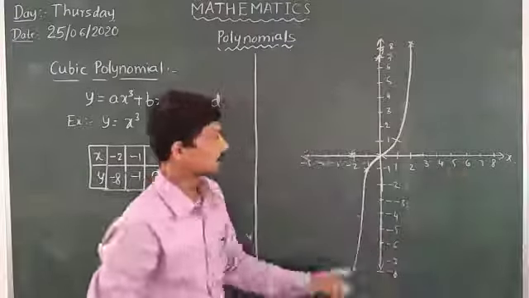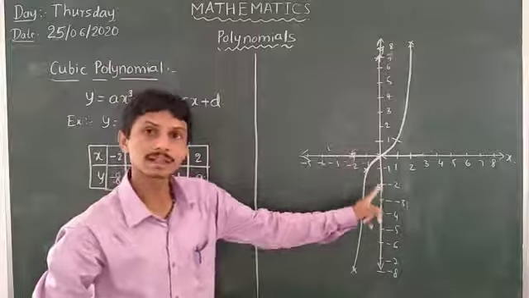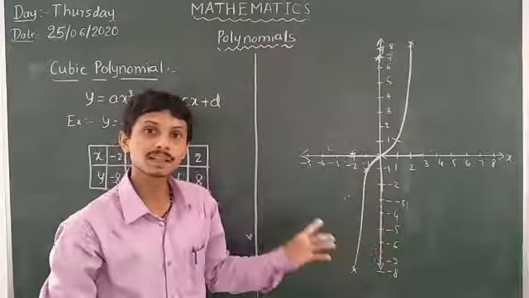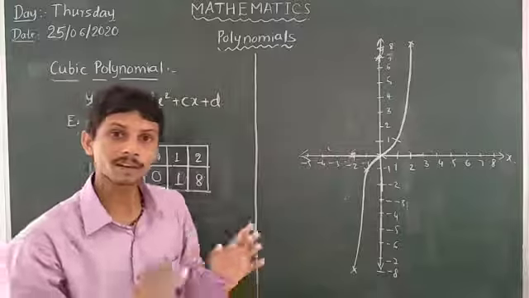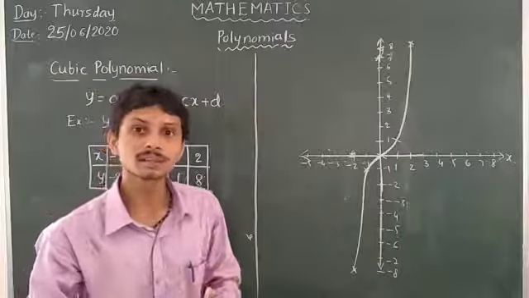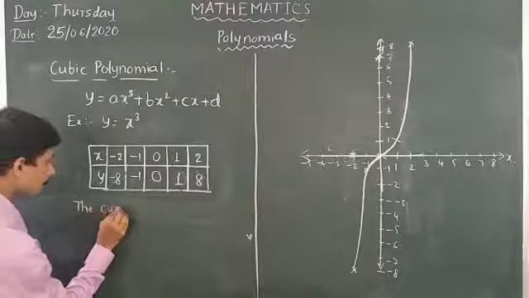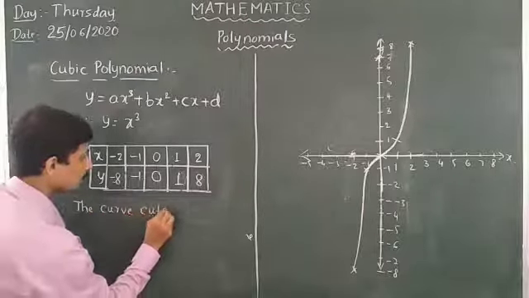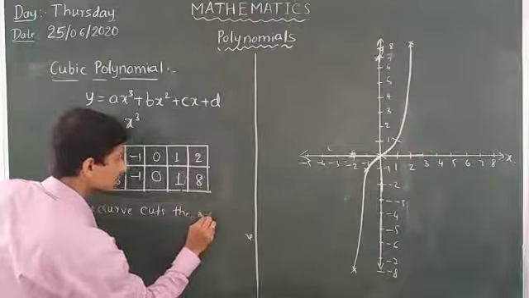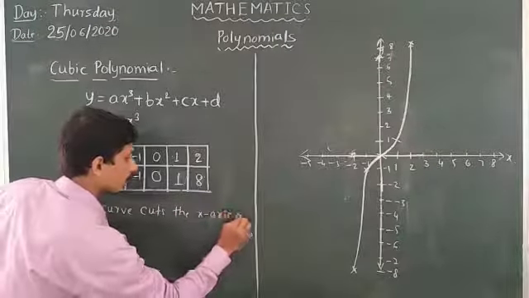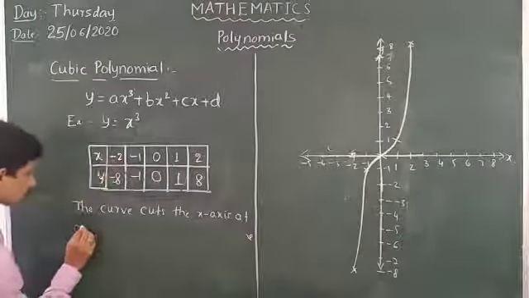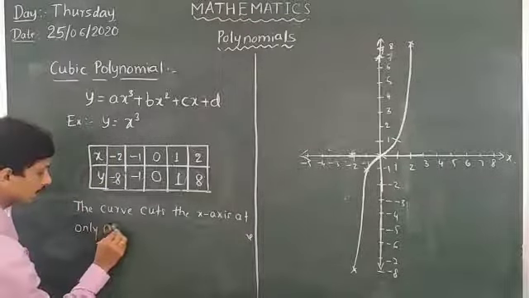Here the curve cuts at the origin. So that means this cubic polynomial has only one zero. That means the curve cuts the x-axis at only one point.